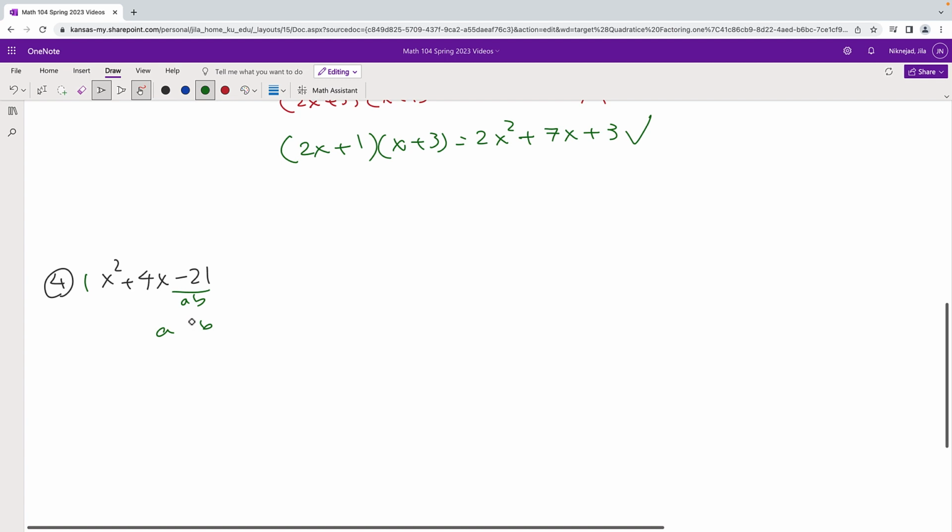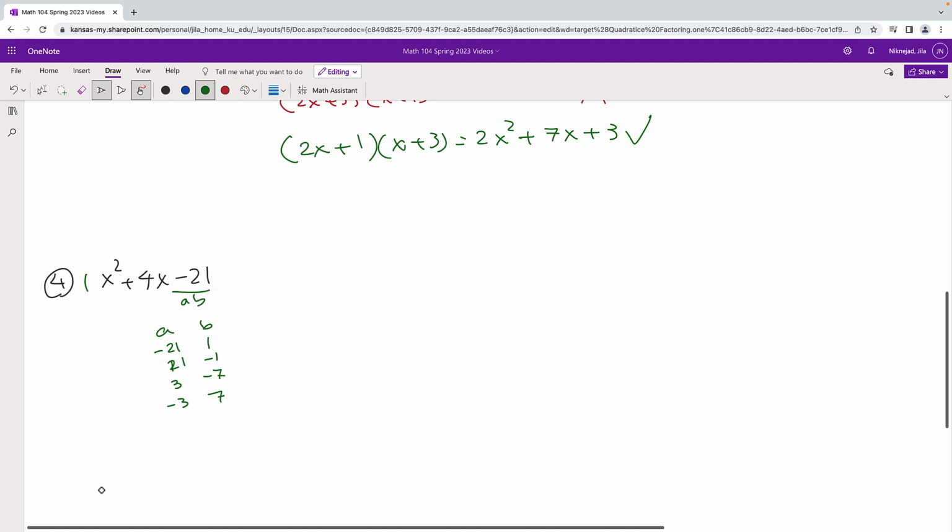So what are the choices for a and b? I can have negative 21 and 1. I can have 21 and negative 1, because they multiply to negative 21. I can have 3 and negative 7, or I can have negative 3 and 7.